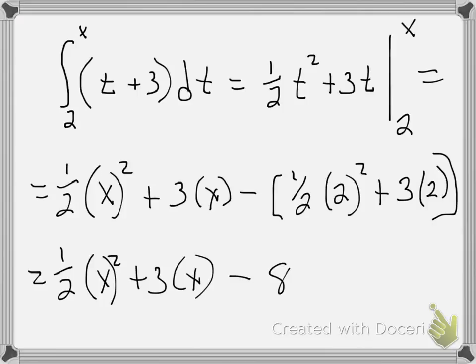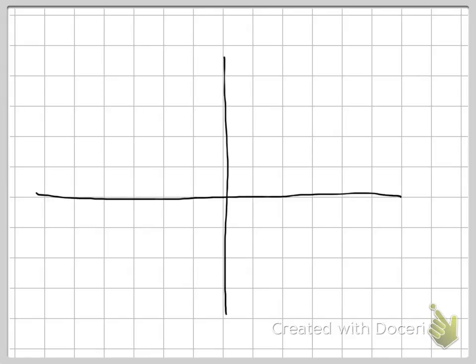All right. Now, let's see, what else could we talk about? Let's say that we had a graph, and we had a set of axes that looked like this. Okay? And just for fun, let's say that our graph looked like this.